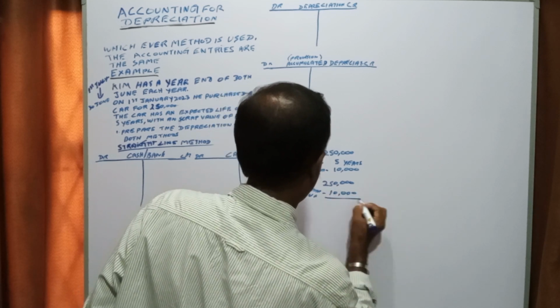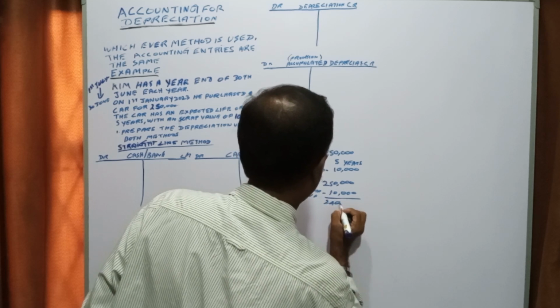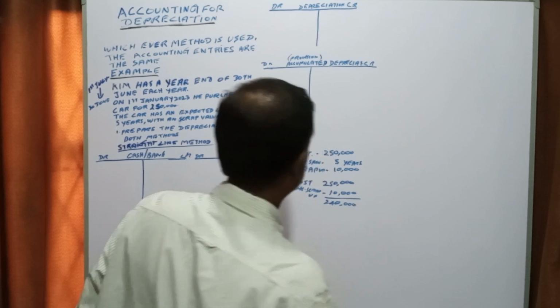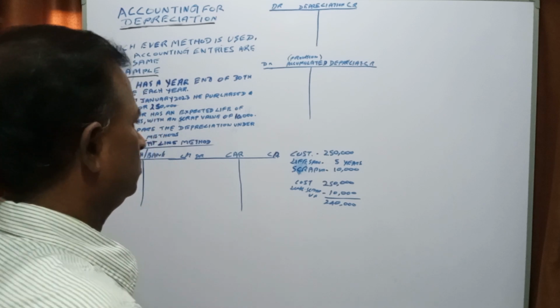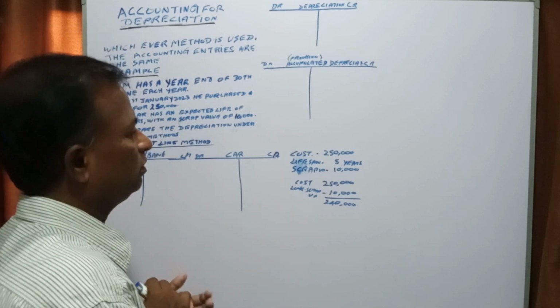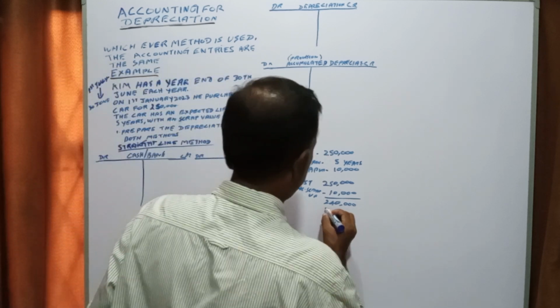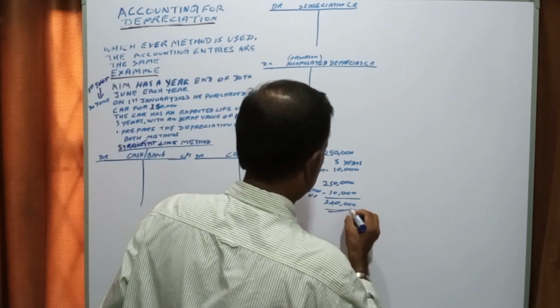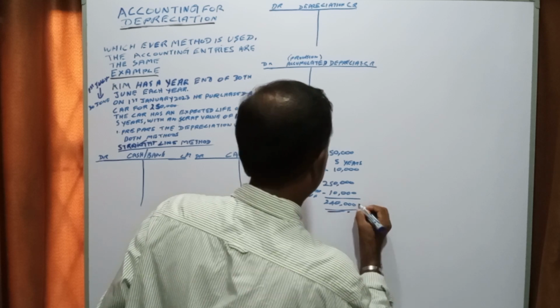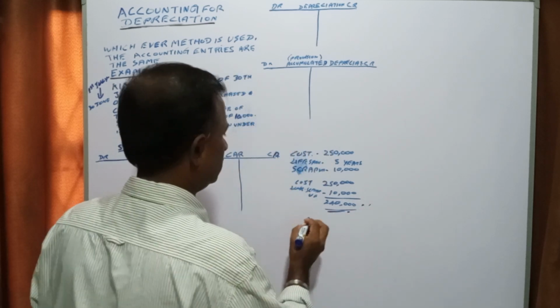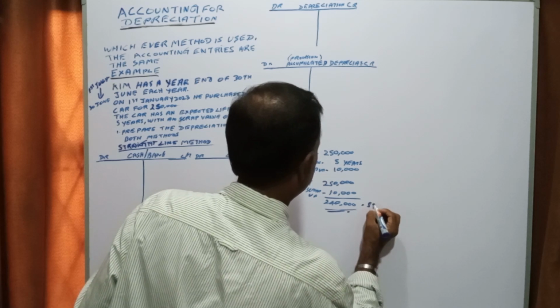Then we have to make depreciation of 240,000 for 5 years.